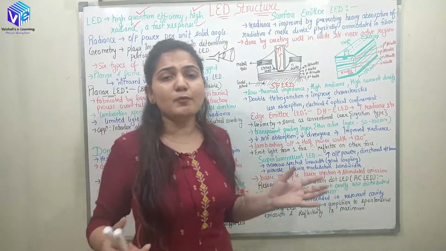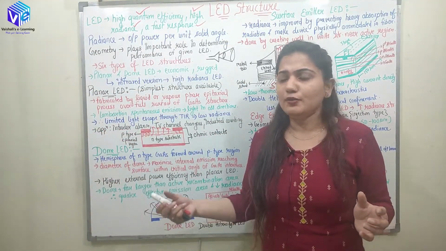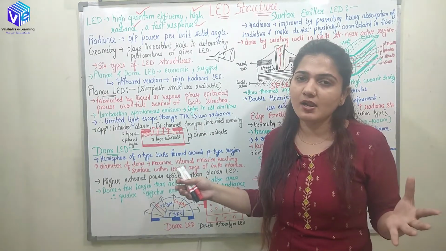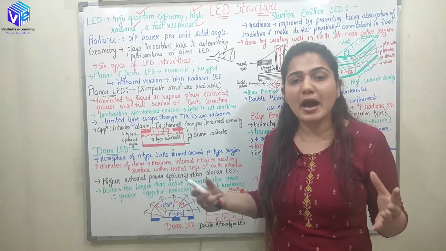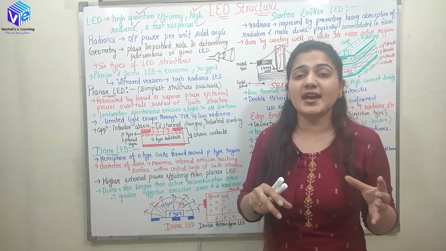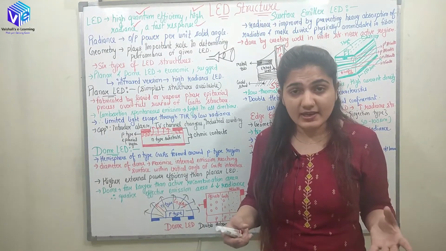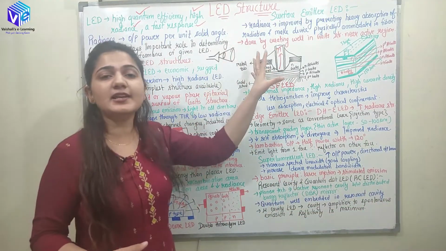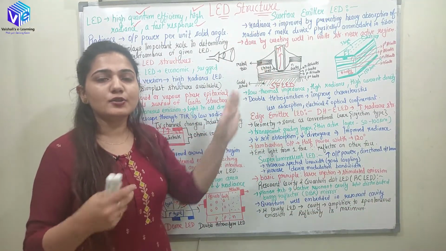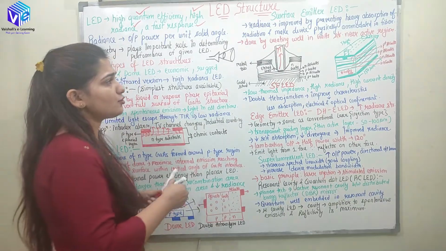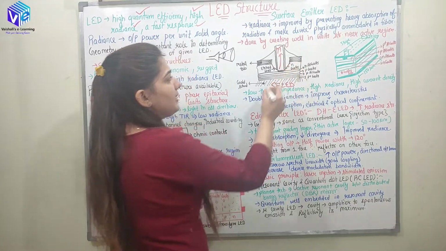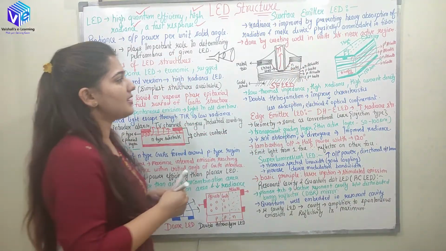Now what was the problem in both of them? The light which was coming out was not very directional, so the power coupled inside the optical fiber would be very less. Now when the optical fiber is physically accommodated over here, the coupling would be higher. So here, as I told you, we are making a well inside the gallium arsenide structure.